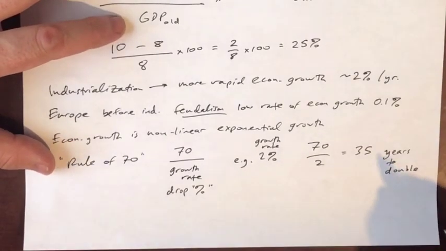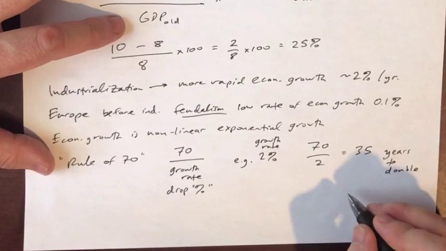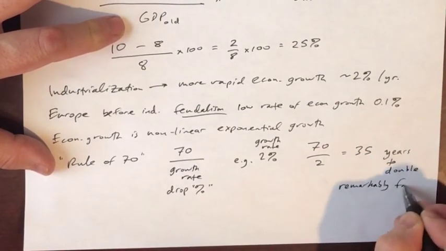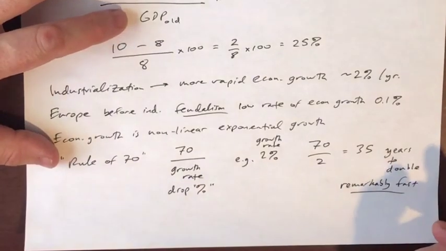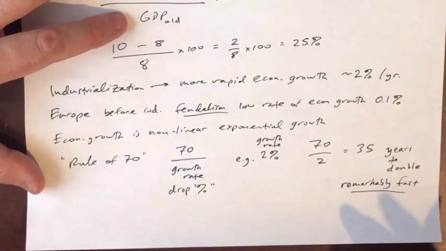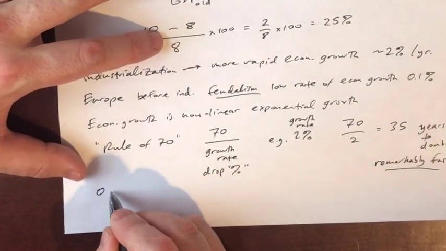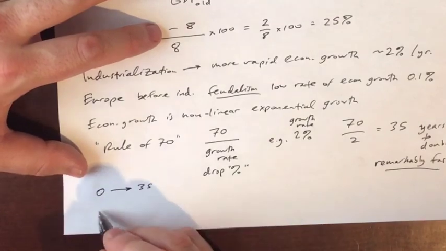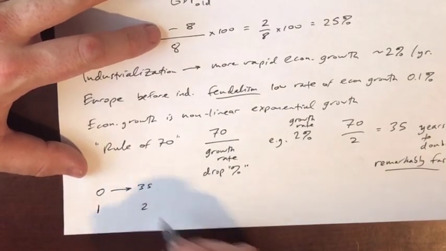Now this is pretty remarkable. This is actually a remarkably fast rate of economic growth, unbelievably fast. Because this is economic growth, right? It means if we start at year 0 and we go 35 years into the future, whatever we started at, 1, we're now at 2.